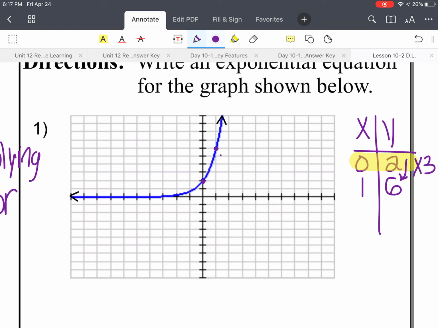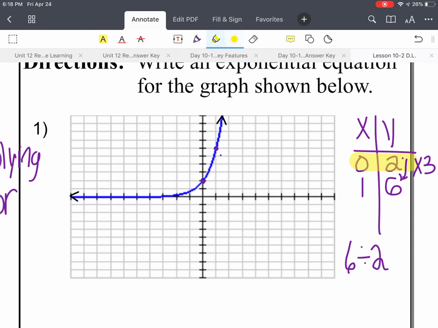Now, another way to figure this out, if sometimes the numbers aren't easy to just look at and say, oh, what am I multiplying by? You're going to take the bottom number, and to figure out what you're multiplying by, you're going to divide to go up in the chart. So if I want to know 2 times what is 6, I can do in my calculator 6 divided by 2.